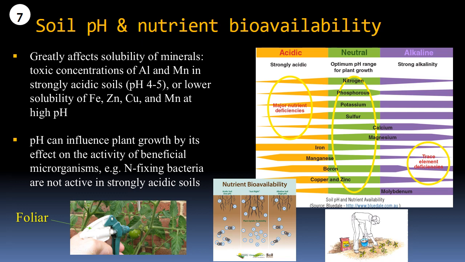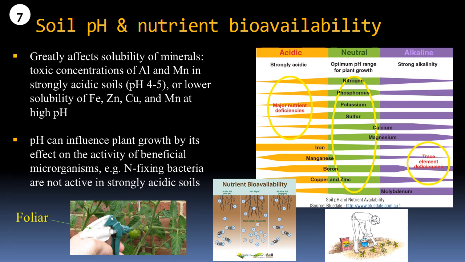So in general, if you remember from the previous lectures, we have macronutrients and micronutrients, and the macronutrients are needed in larger amounts, like NPK: nitrogen, phosphorus, and potassium. They are needed in a larger amount for plant growth. The micronutrients are needed in a small amount.